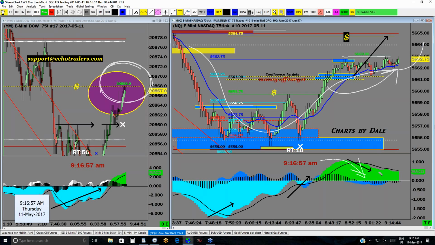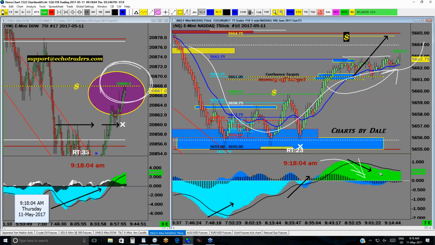We would like to see target first, and then it can drop down, and we'll go with appropriate measures to the downside if we're going to get that. So I'll pause once again, see if we can get to that target.